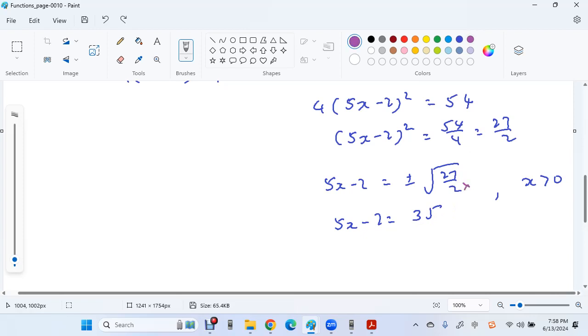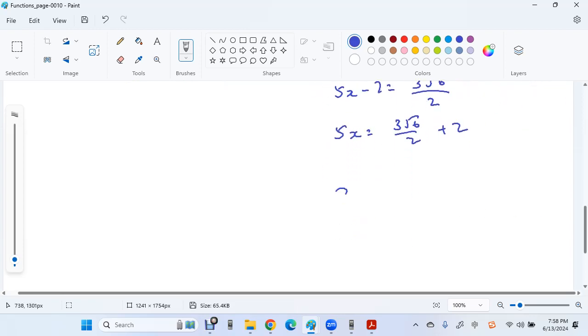I multiply with 2 to get 3 square root 6 over 2. So 5x will be 3 square root 6 over 2 plus 2, and x will be 3 square root 6 over 10 plus 2 over 5. If I want, I can multiply with 2, so I have 3 square root 6 plus 4 over 10.